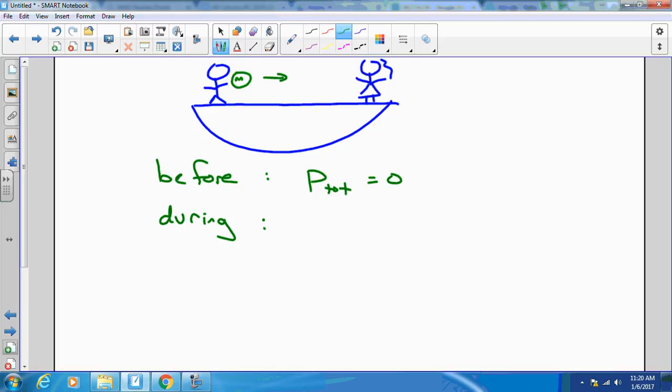But there are no external forces, so the center of mass of my system cannot move. If the center of mass cannot move and the ball is carrying mass this way, what does everything else have to do? It has to go to the left. So when he throws, the ball pushes on him, and as a result, he and the boat with him all go to the left.